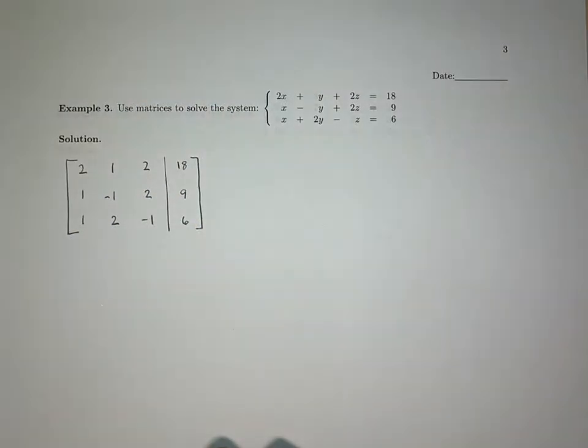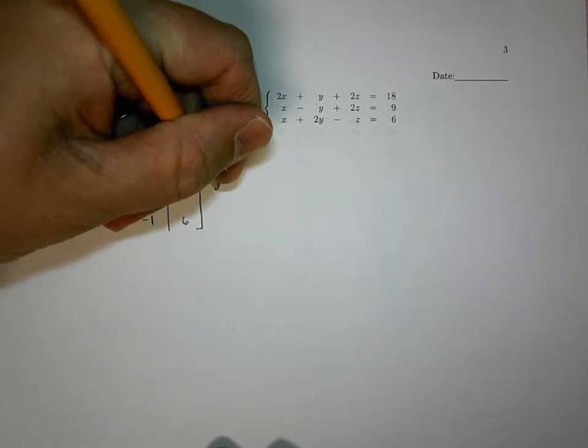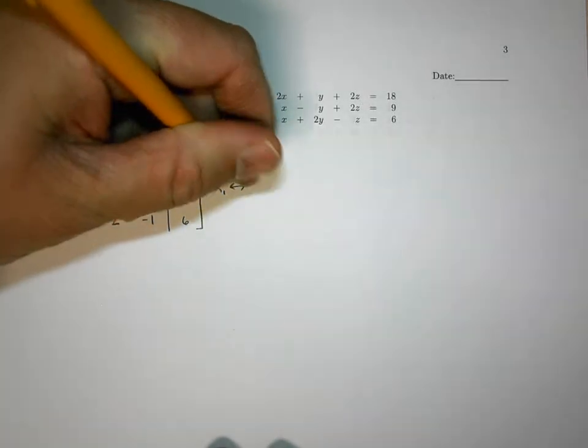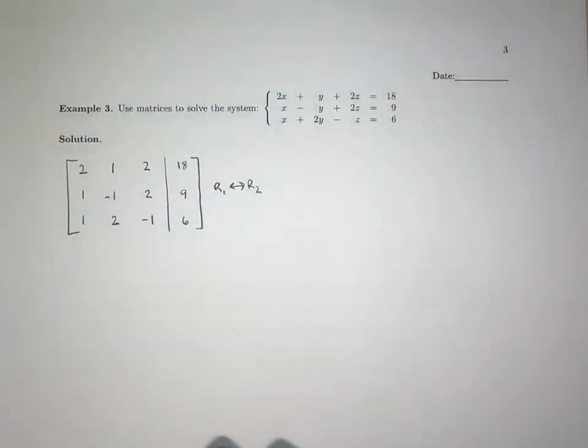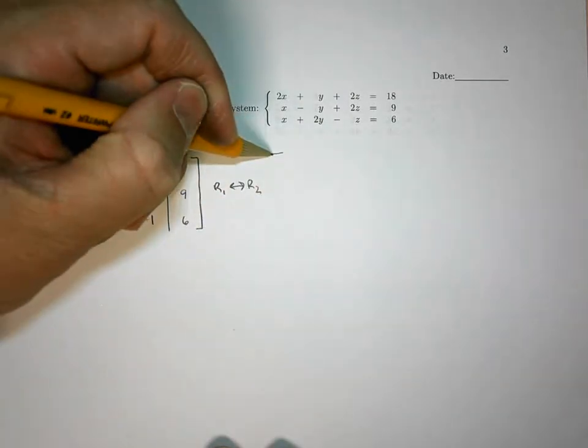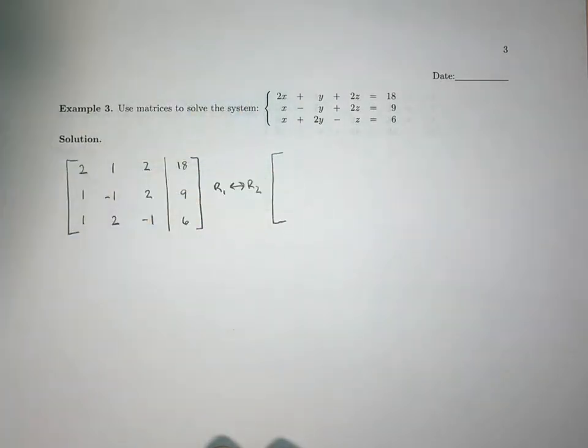The idea here is I would like the first column to say 1, 0, 0. I don't have a 1 in the top left place right now, but I can make a 1 by just switching the first two rows. So let's interchange rows 1 and 2. Instead of the first column saying 2, 1, it's going to say 1, 2.